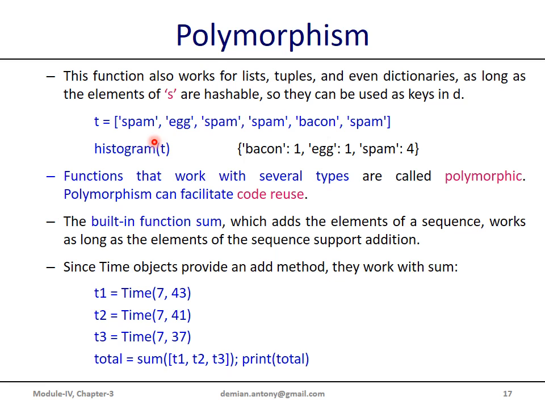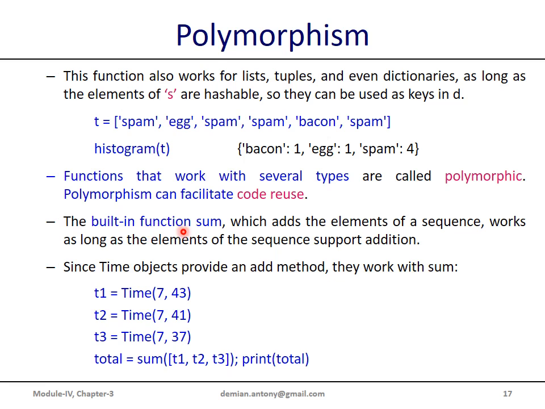And one benefit of writing polymorphic functions is code reuse. This function polymorphism facilitates code reuse. We don't have to write code separately to handle different types; we can have only one polymorphic function that handles a variety of types, thereby reducing the application code.